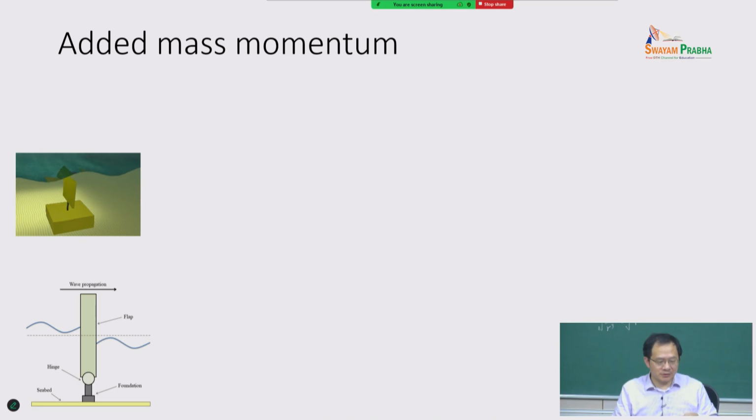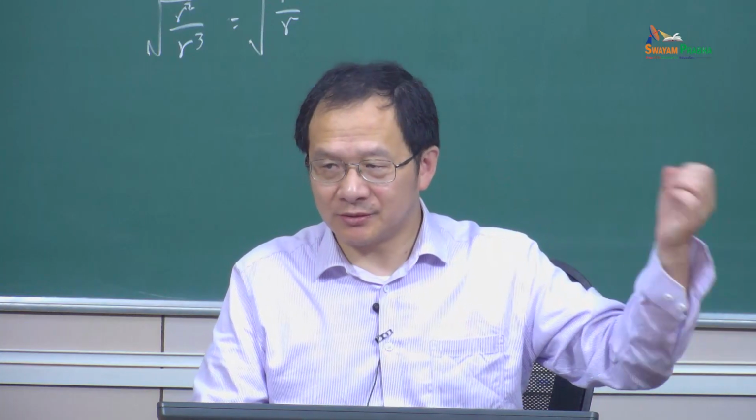Therefore, if you have shallow water, the alternating surge device is here. So for this alternating surge device, we also have the added mass concept. And similarly, this added mass concept we call mass momentum. Mass momentum, right? And so it itself is a rotational system, right?